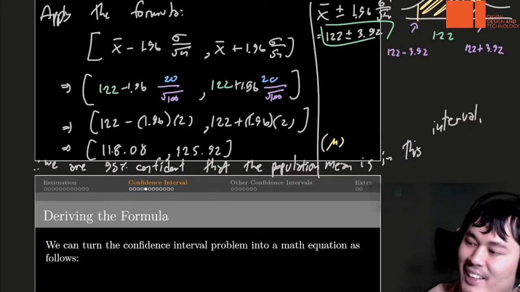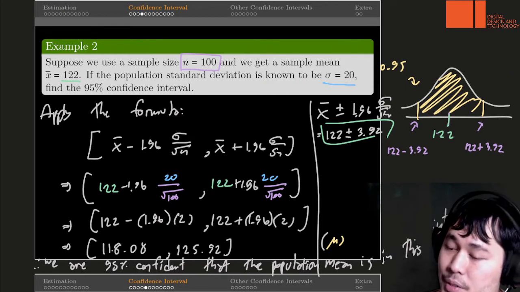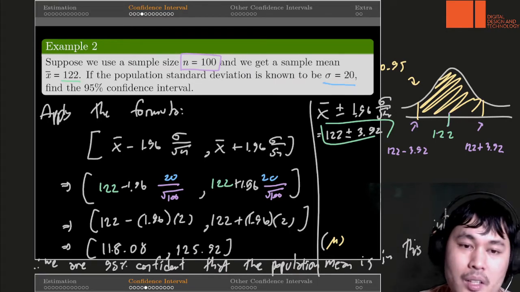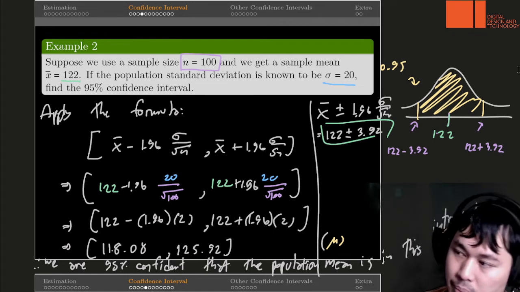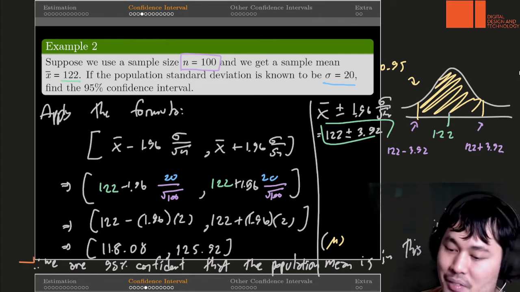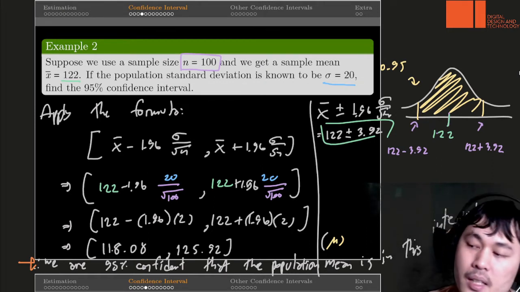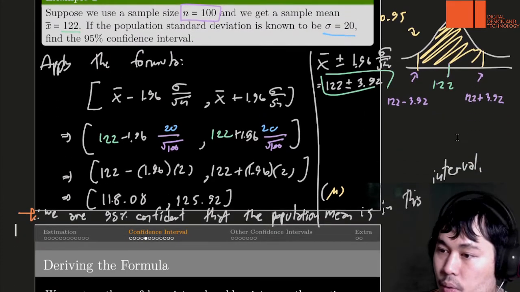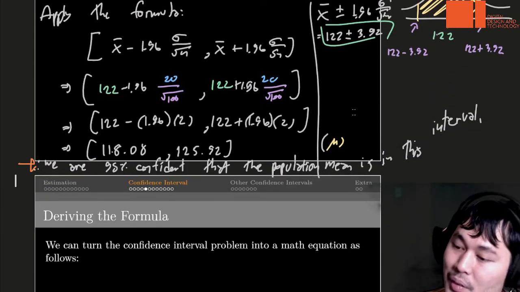In other examples, they are going to give you x bar, sigma, and n immediately, so all you have to do is plug everything into this formula, and make sure that you understand what this formula is telling you about the actual population. So that's one quick example. And then we move on to a more general case.